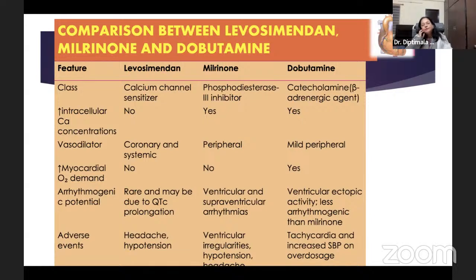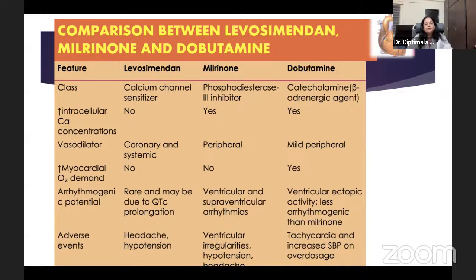So dobutamine is a catecholamine beta adrenergic agent. It will increase the intracellular calcium concentrations, will give mild peripheral vasodilatation, will increase the myocardial oxygen demand. It has arrhythmogenic potential, so ventricular ectopics can be precipitated.